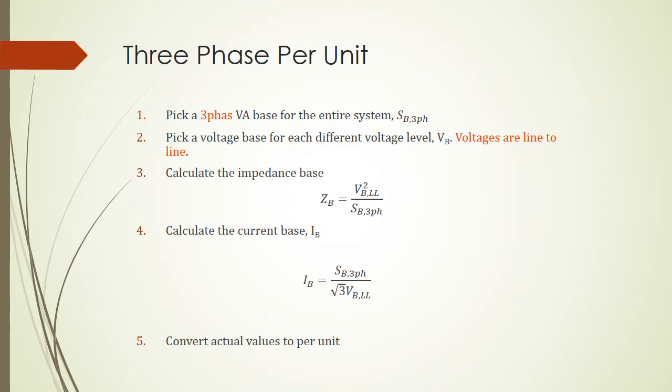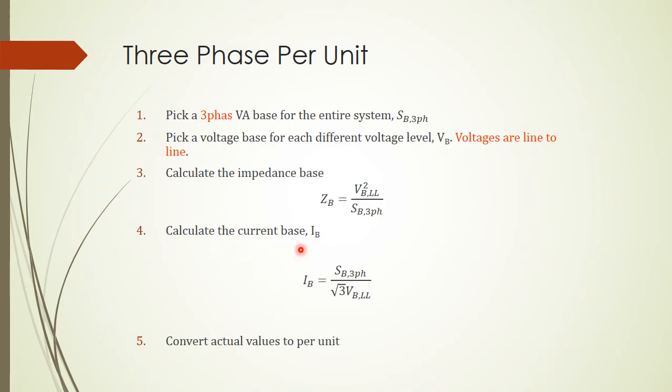In a 3-phase per unit system, we pick a 3-phase VA base for the entire system. And then we pick a voltage for each different voltage level, VB. In this case, it is line-to-line voltage. And then we calculate the impedance base. ZB is equal to VB line-to-line squared over SB 3-phase.